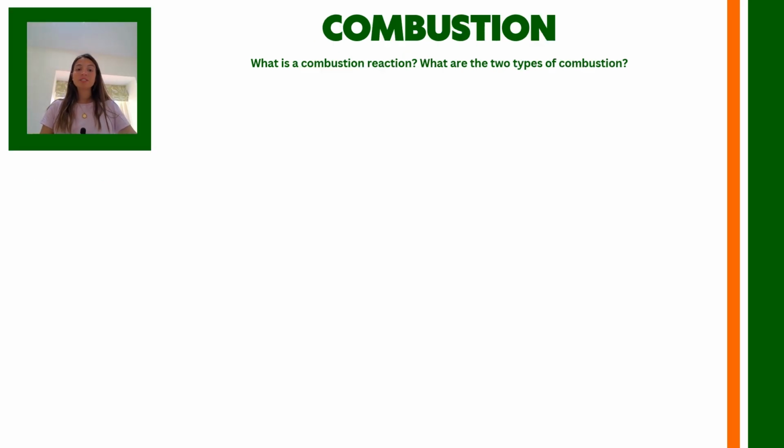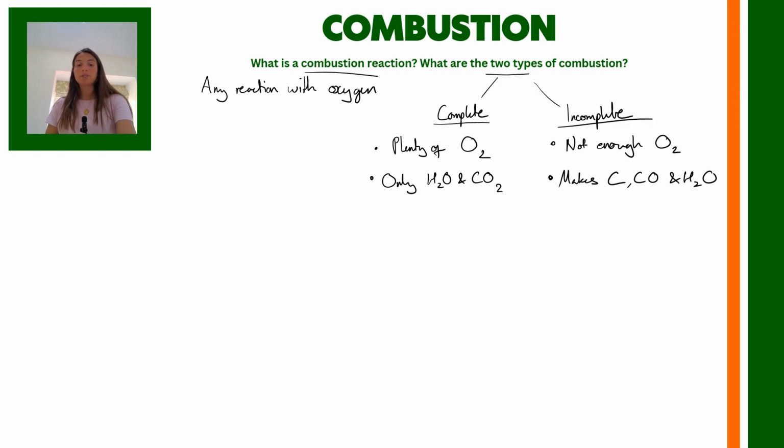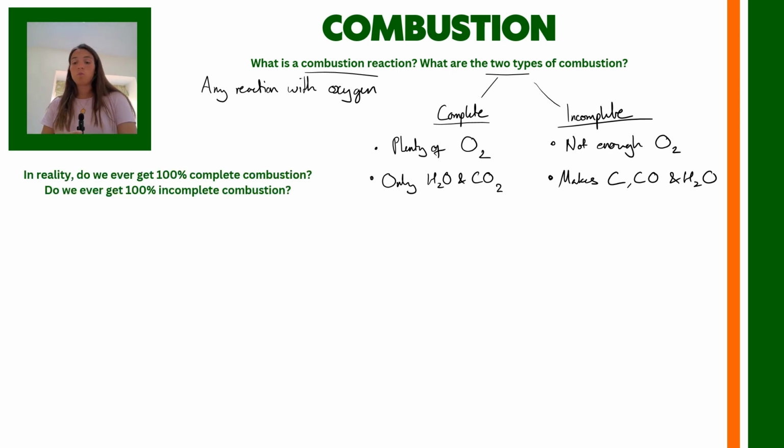So what is a combustion reaction? It's any reaction with oxygen, but we're going to be talking specifically about hydrocarbon combustion. So we can either have complete combustion, where you have plenty of oxygen gas and then you get the products of water and carbon dioxide, or it can be incomplete combustion, where you don't have enough oxygen and the products you end up making there are carbon in the form of soot, carbon monoxide and water.